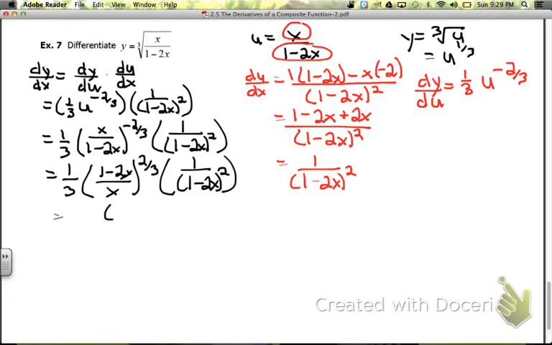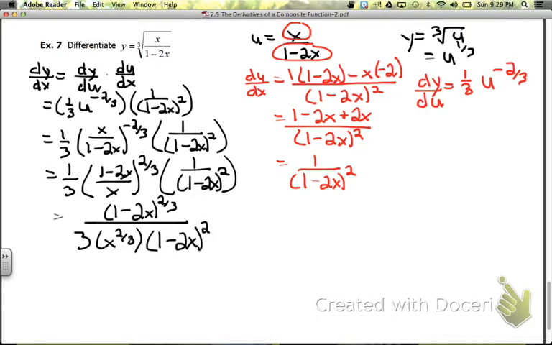So in my numerator position, I'm just going to have 1 minus 2x to the power of 2/3. And in my denominator, I'm going to have 3 times x to the power of 2/3 times 1 minus 2x squared. Since this is all multiplication and division, I can then go ahead and start canceling this brackets out.